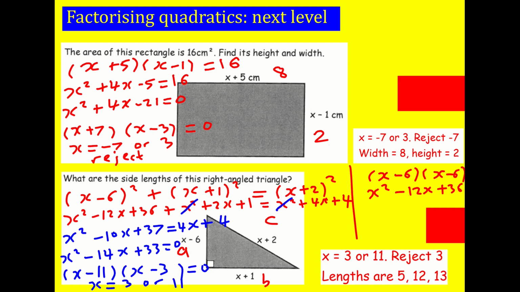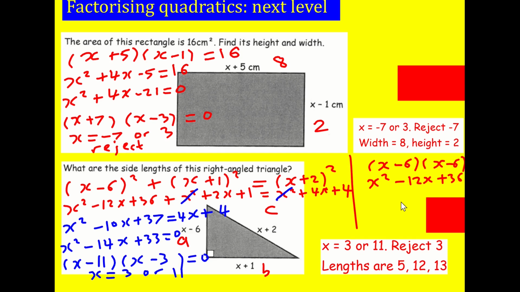If I have 3, then I'd get a negative length again. I know x is positive, but I'd still get a negative length, so I've got to reject that one. 11 will work because I'll get 5, I'll get 13, and I'll get 12. 5, 12, 13, Pythagorean triple, right angle triangle with integer side lengths.